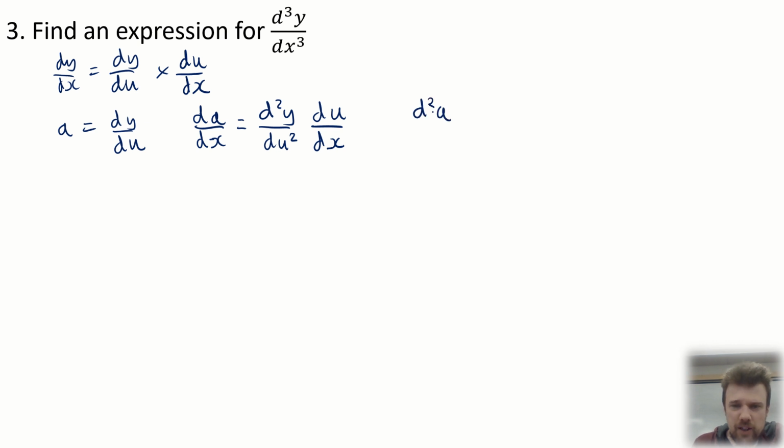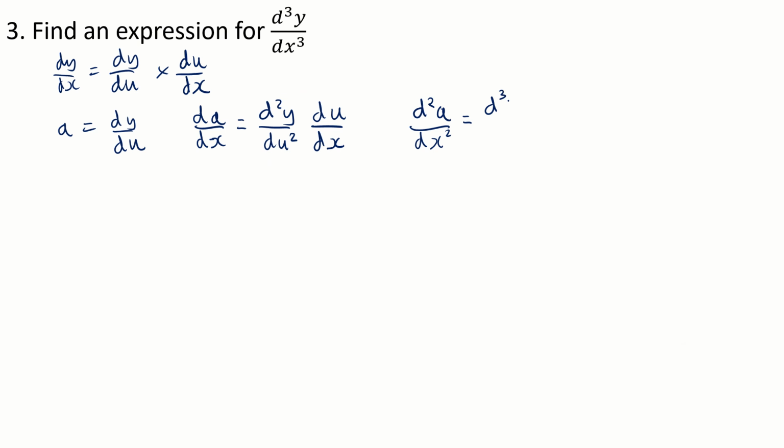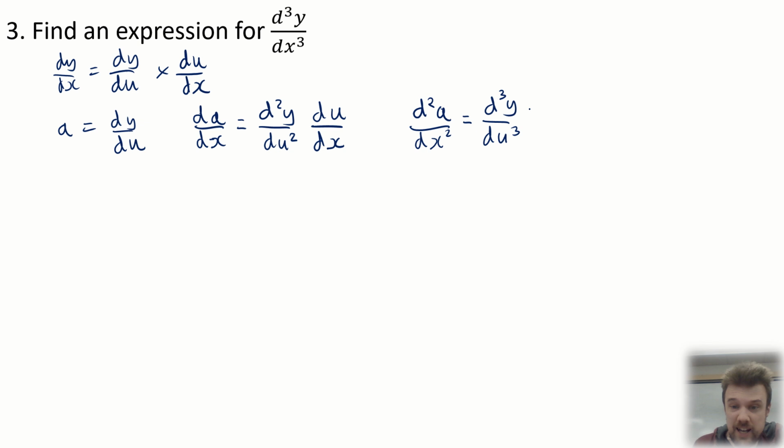The painful part, though, is we're then going to have to do product rule within Leibniz's theorem in order to do this, because this didn't work out nicely. So we differentiate the first thing while keeping the second thing the same. That will get you d³y/du³ times du/dx, and then we times that by du/dx, because that's the other thing not differentiated.